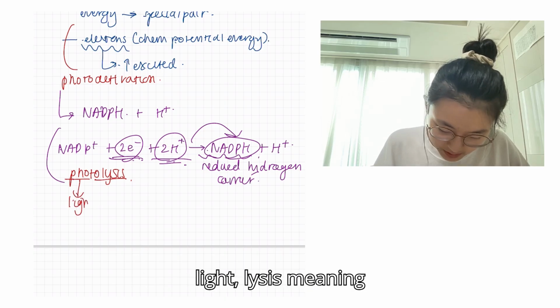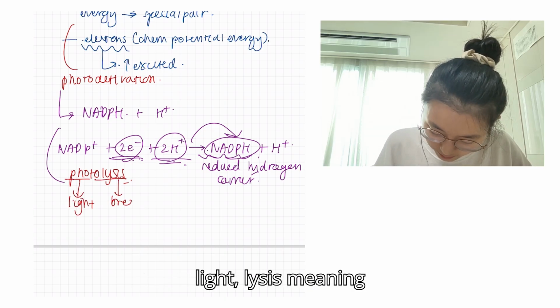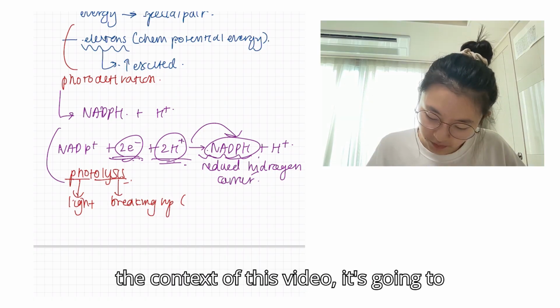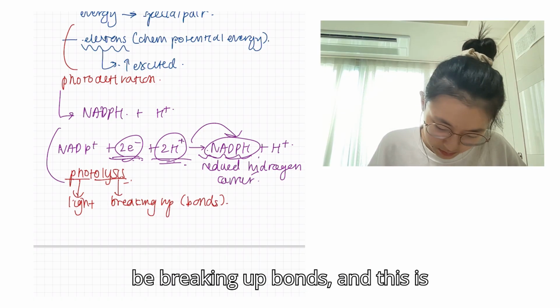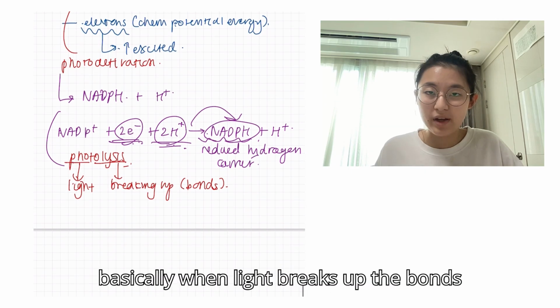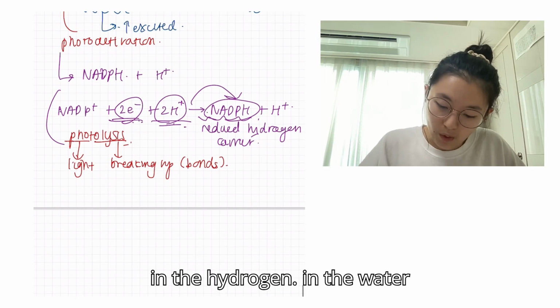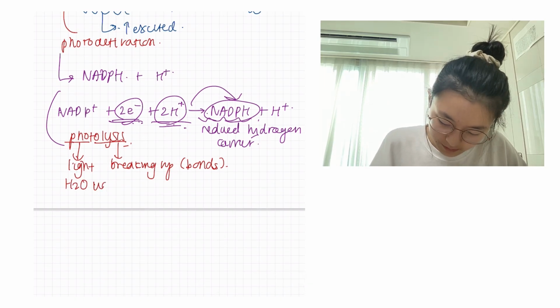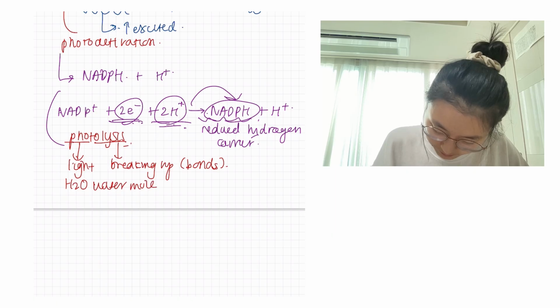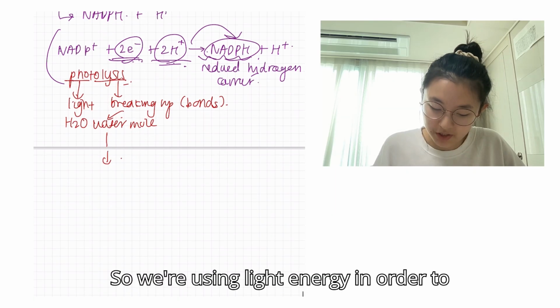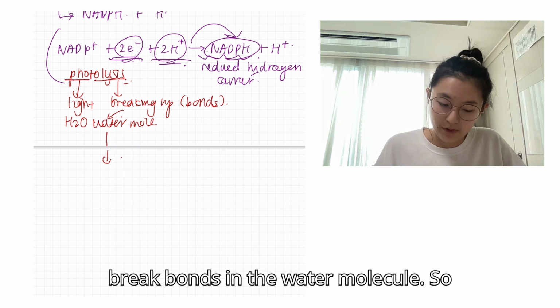Photo meaning light, lysis meaning breaking up. In the context of this video, it's going to be breaking up bonds. This is when light breaks up the bonds in the water molecule. So we're using light energy in order to break bonds in the water molecule.